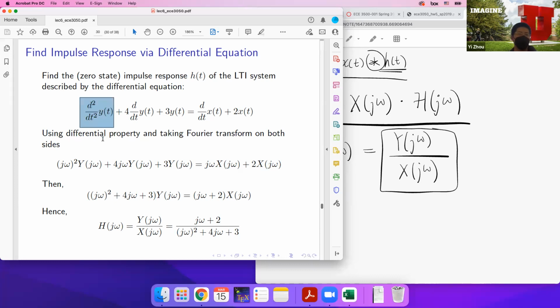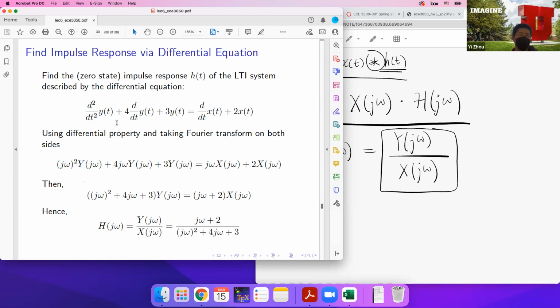For the first term, this is the second order derivative of y(t), so the corresponding Fourier transform is given by the spectrum of Y multiplied by (j omega) to the power of 2. So in the frequency domain, higher order differentiation simply becomes a simple scaling of the spectrum.